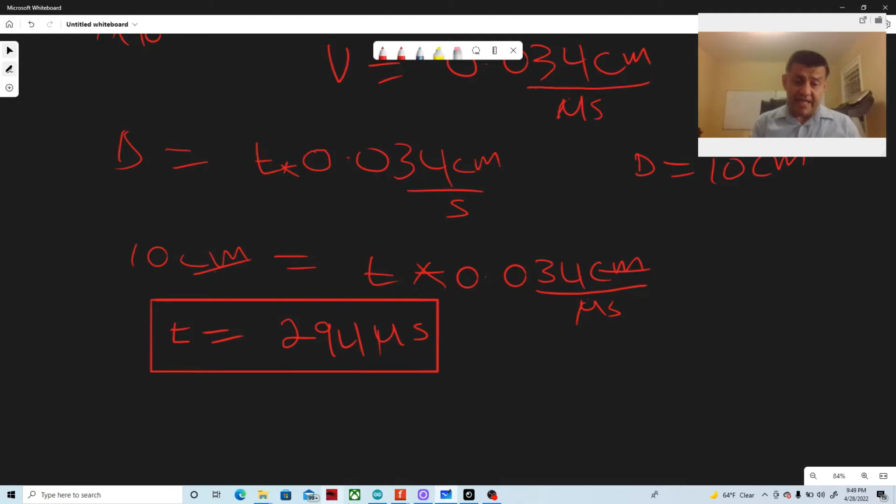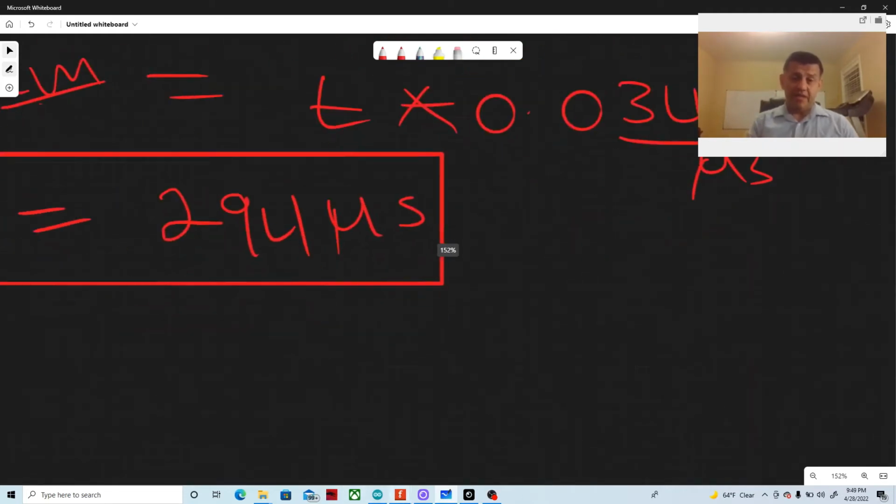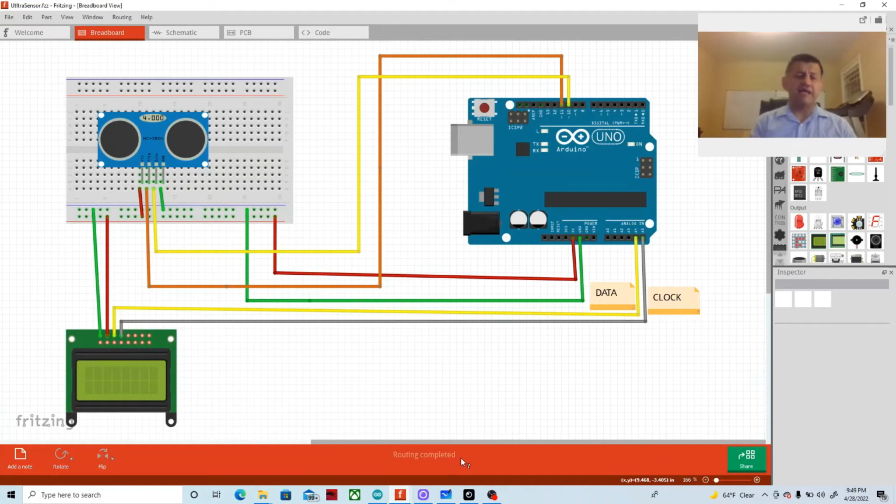I cannot really show you all the wiring, so I drew it using a program called Fritzing. With that, now we can go to our schematics right here. This is free software.